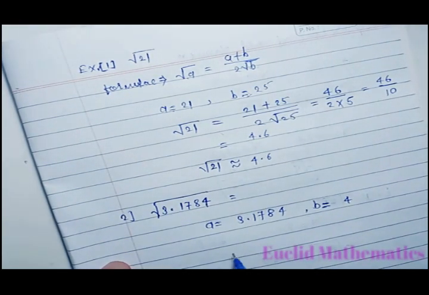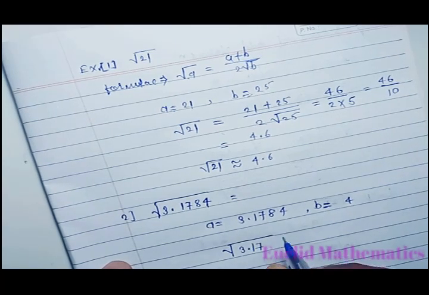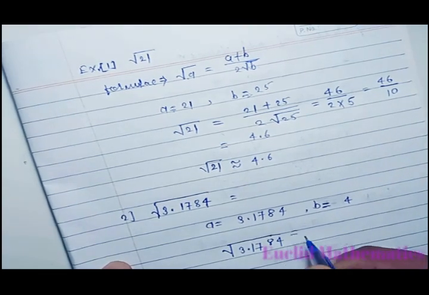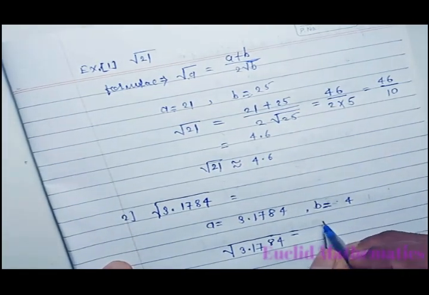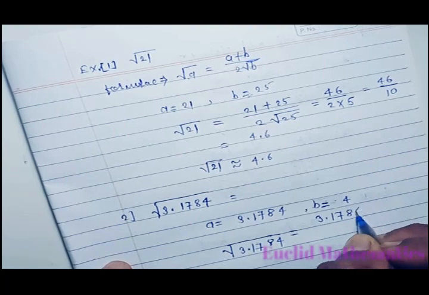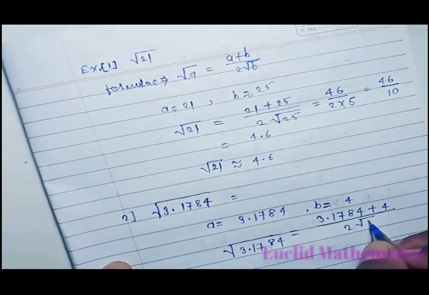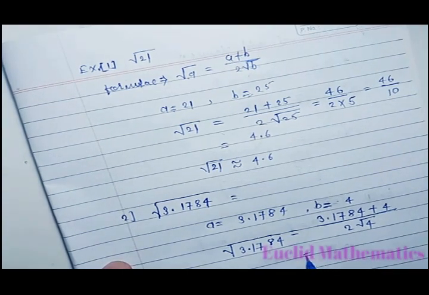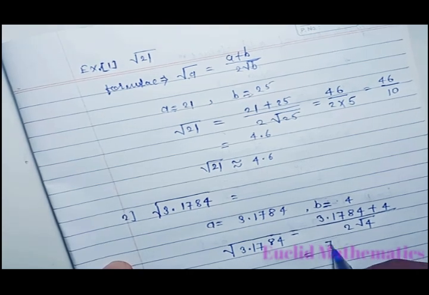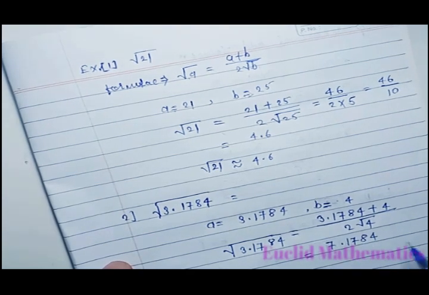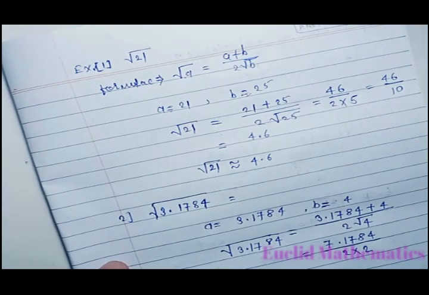Now let's go through our formula. The square root of a means the square root of 3.1784, which is equal to (a plus b) divided by 2 times root b. That means 3.1784 plus 4, divided by 2 times the square root of 4. Okay, so the addition: 3.1784 plus 4 is 7.1784, divided by 2 multiplied by the square root of 4, which is 2.